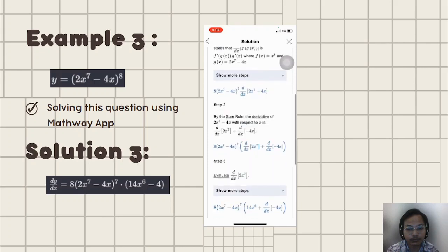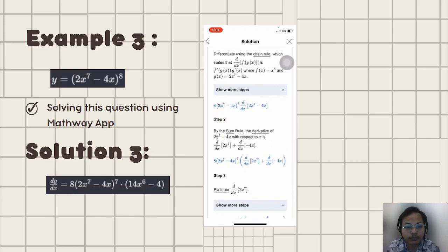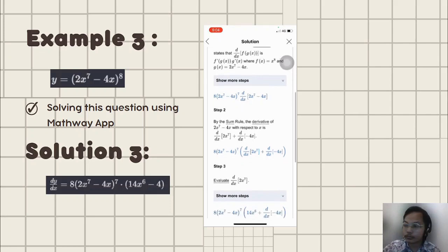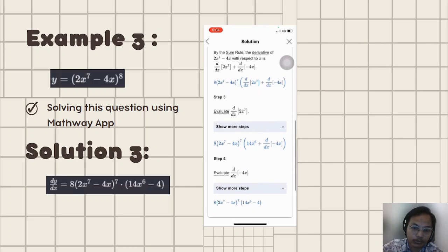So it will give 8(2x^7 - 4x)^7 multiplied by d/dx of (2x^7 - 4x), and then (2x^7 - 4x)^7 multiplied by d/dx of 2x^7 plus d/dx of negative 4x.